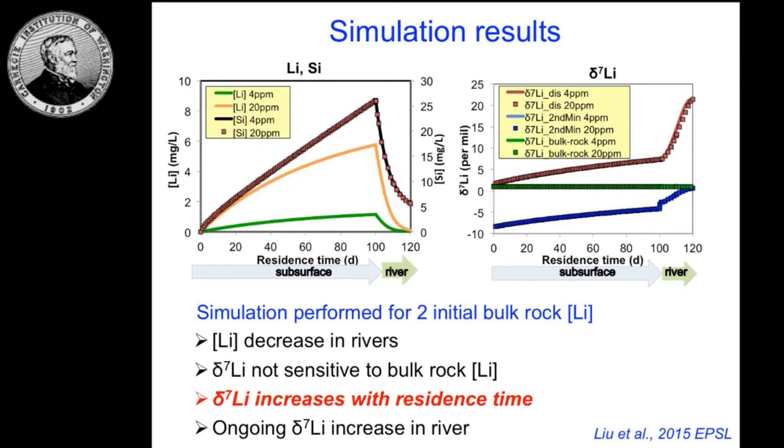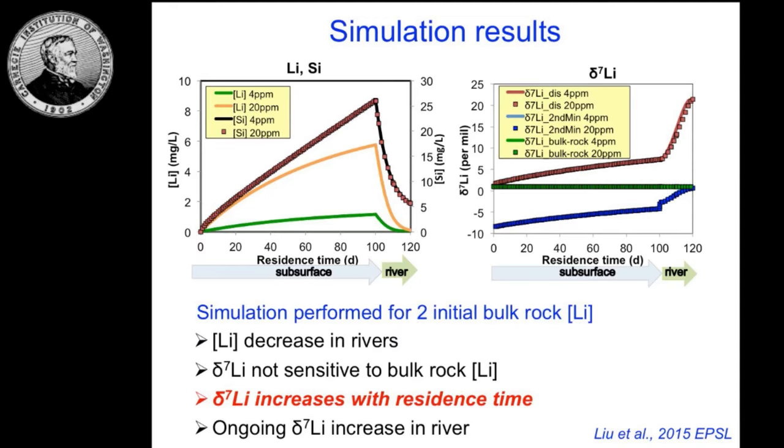Then we can look at the simulation result for 2 end members, where we assume a low lithium concentration of 4 ppm and a high lithium concentration of 20 ppm for the basalt, because we actually measured the basalt, so we know that's the range we observed. This part is for the subsurface, the groundwater, and this is the river, right?